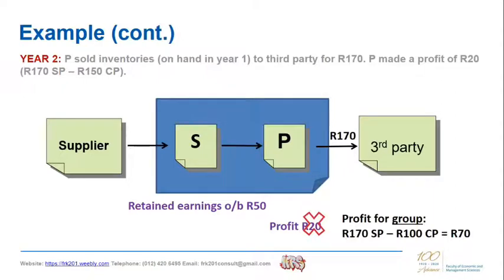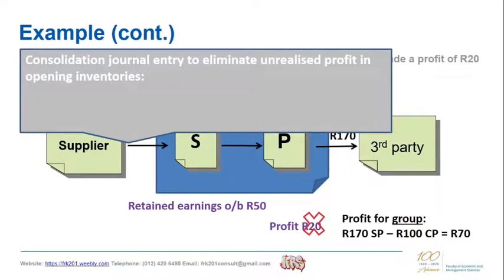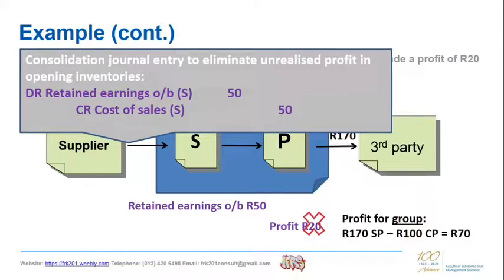The consolidation journal entry that will give effect to that is as follows. Debit the retained earnings opening balance of S. A debit to retained earnings will reduce retained earnings and I will get rid of that profit, achieving what I want. I now credit the cost of sales of S to bring that profit back into year 2.